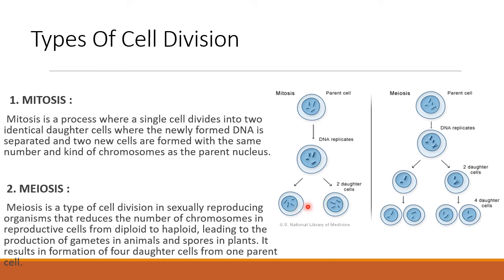Its main purpose is for growth and to replace the worn out, that is the damaged, cells. Now what type of cells show such division? Cells like skin cells, blood cells, bone cells, organ cells, as well as plant cells show this type of division, that is the process of mitosis.